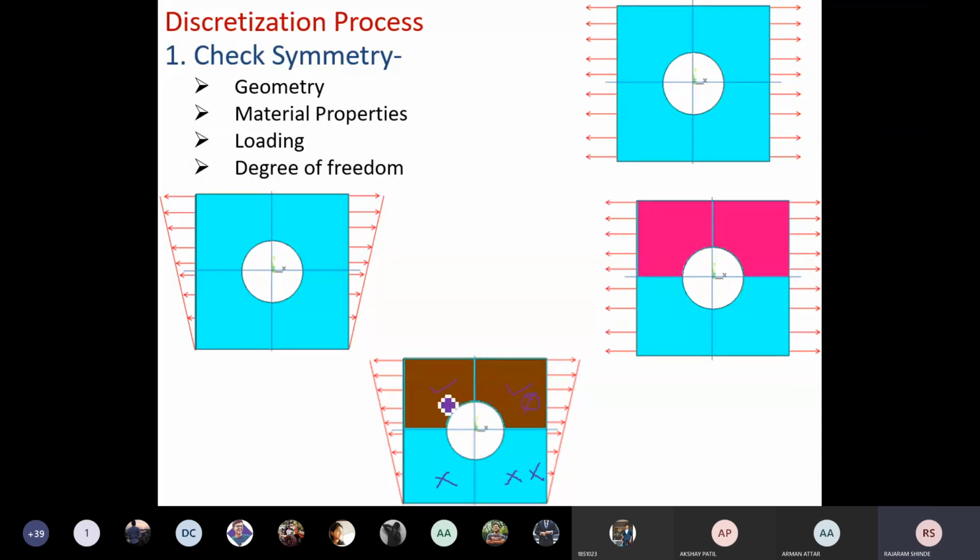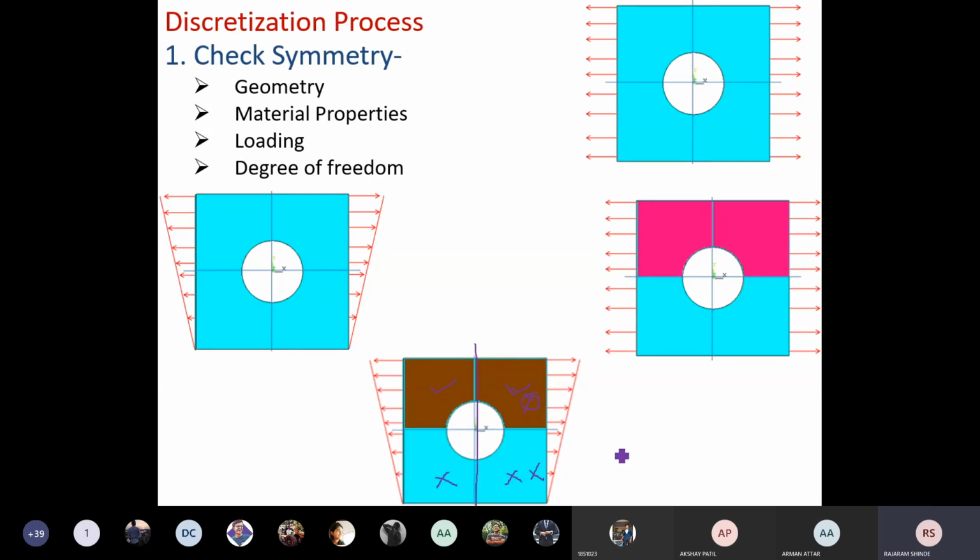At the symmetric positions you will get the same results, but about horizontal axis you will not get the same results, because geometry and loading are also not symmetric about this horizontal axis. In this situation we need to model half part of the problem.